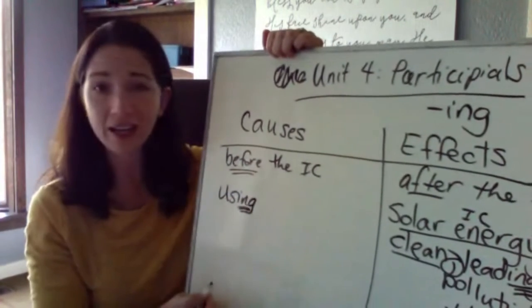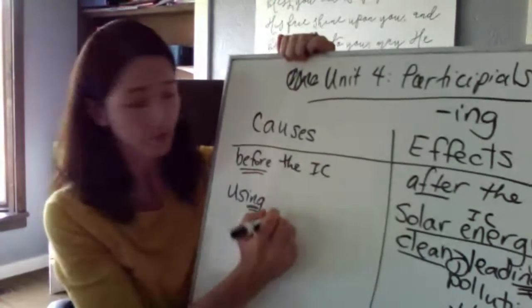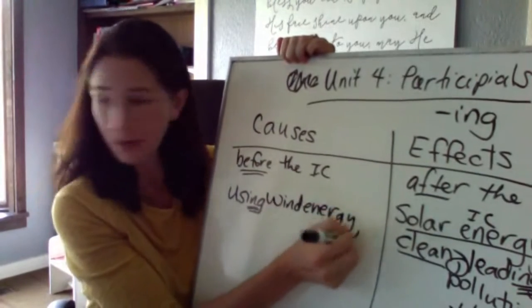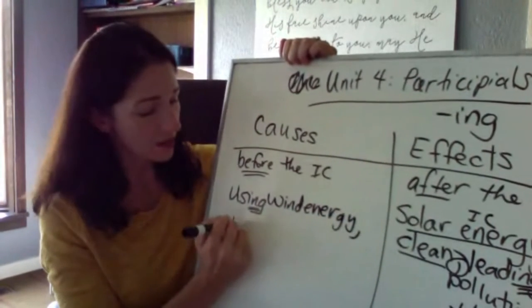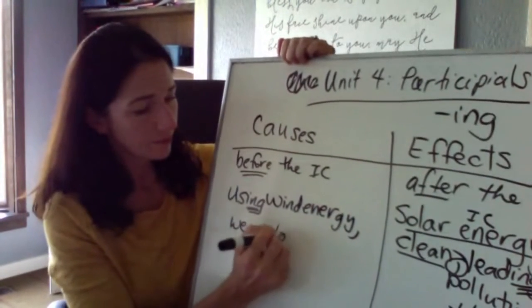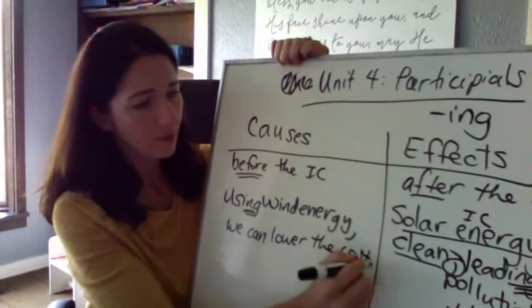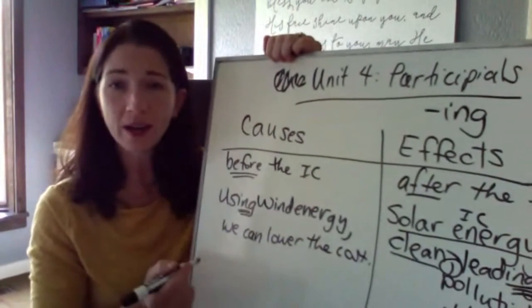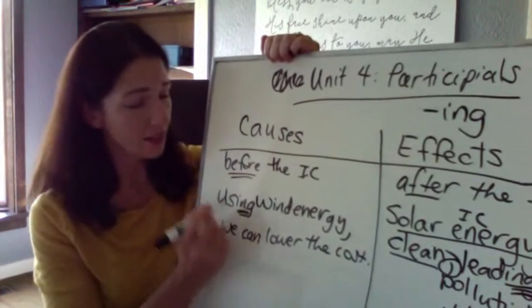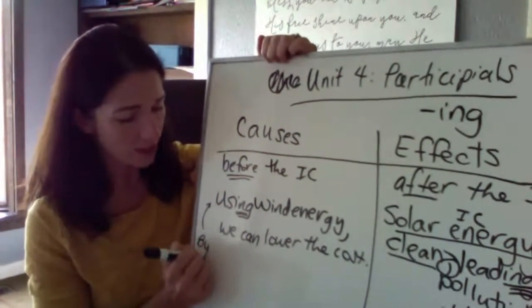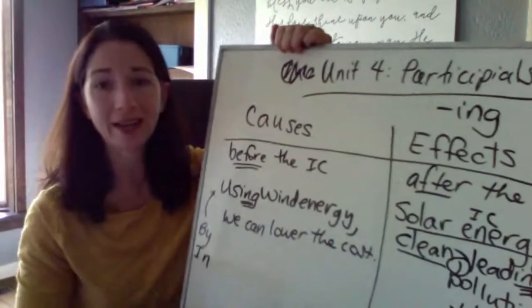Using, and there's our key, our ing, our participial, wind energy, comma, we can lower the cost. Okay, using wind energy. And now with cause phrases, we often see it with some little prepositions, by or in.